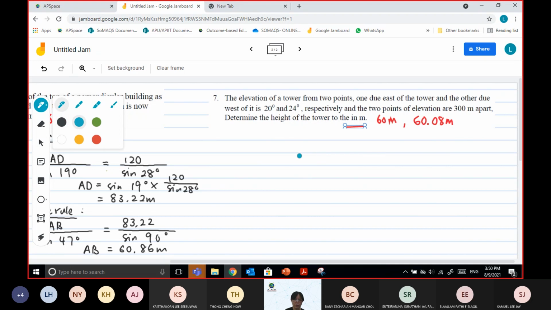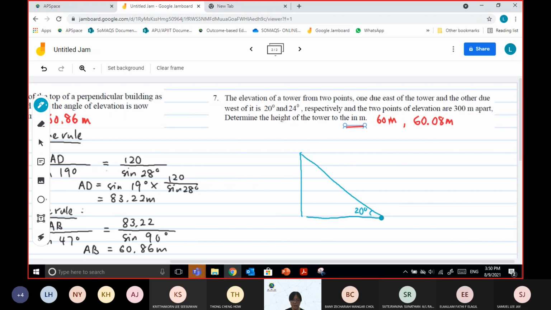Okay, let's say this is a tower. Then one due east of the tower, so the other is west. Due east is with 20 degrees of elevation. Then the other one due west is 24 degrees of elevation, right?